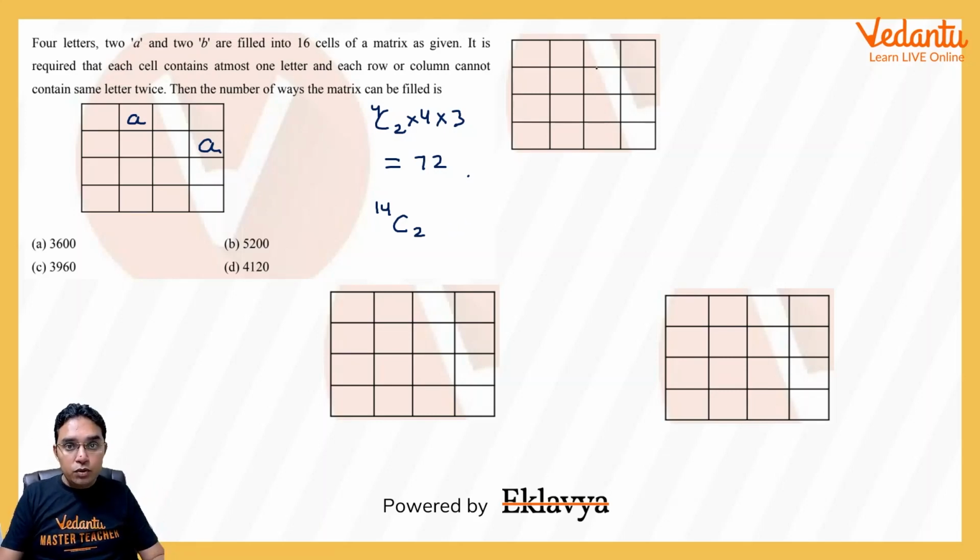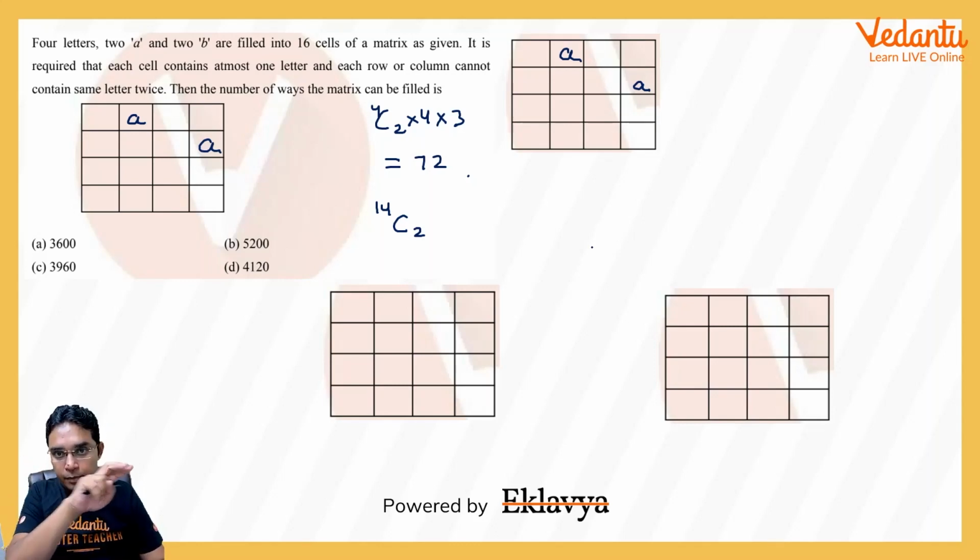But as you know, we want no 2 B's going into the same row or into the same column. So that I will subtract. So what cases do I have to subtract? I have to subtract those cases in which 2 B's are going into the same row or into the same column. Now, which 2 rows? Please understand, I have 2 kinds of rows now.